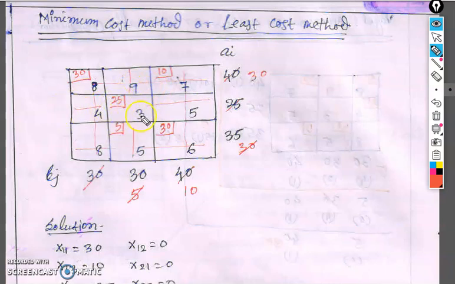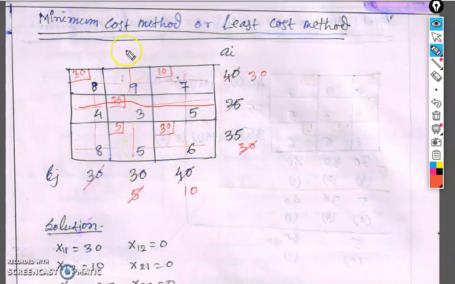The second factory can supply 25 units and the second destination point demand is 30 units. According to the same concept, here we use the minimum quantity, that is 25. When 25 is input here, that means the second factory cannot supply more than this, so you have to cancel this row.